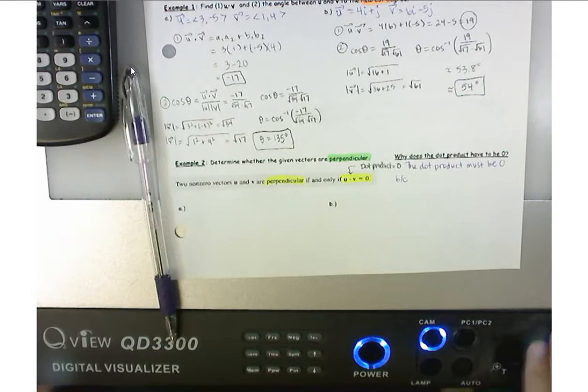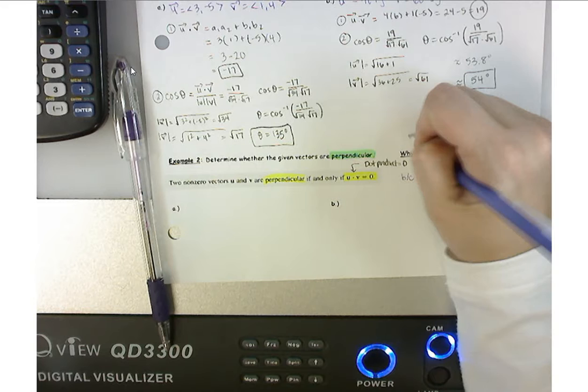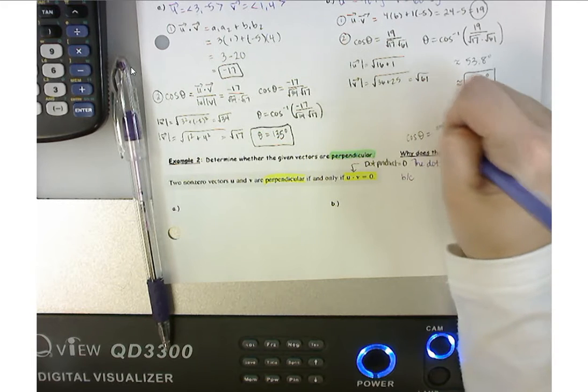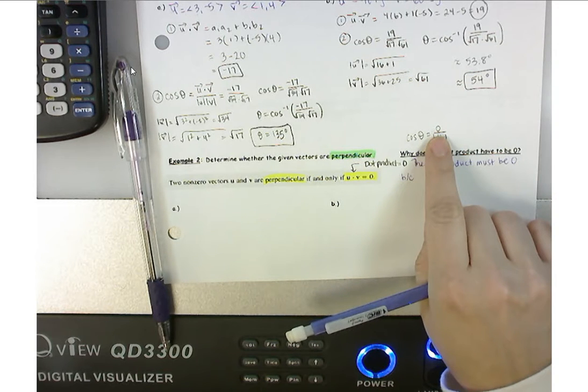If your dot product was 0, then you'd have the cosine of theta equals 0 over the magnitude. If your dot product was 0, 0 would be on top, and 0 divided by anything is what? 0.